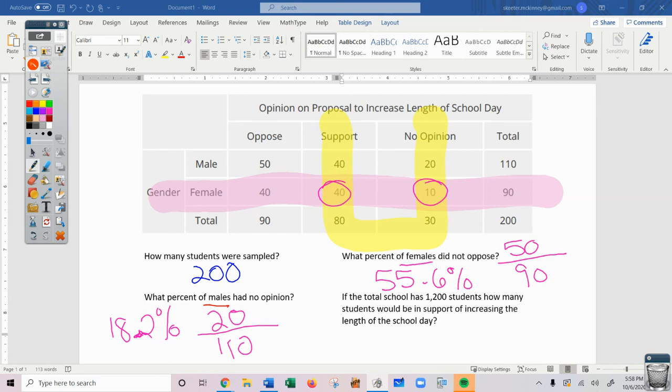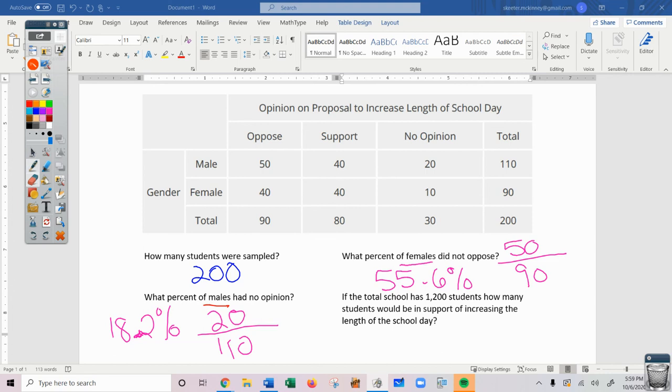Now, this last question is a little bit trickier. It says, if the total school has 1,200 students, how many students would be in support of increasing the length of the school day? This is where we want to make an inference. This is where we can make an educated guess. So the first thing that's probably going to be helpful to us is if we know what percent from our survey were in support of increasing the day.